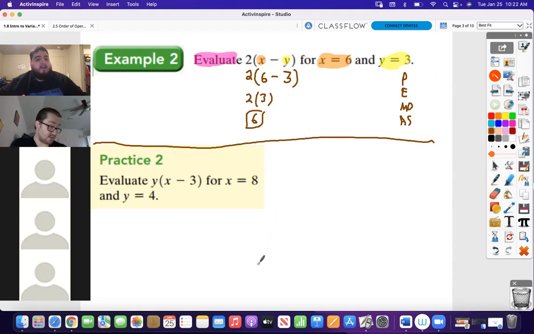I'm going to go ahead and give you guys 1 minute and 15 seconds for practice 2. Good luck. Now, if you have any questions on example 2, please feel free to unmute and ask, and I can reset the timer for the practice problem.